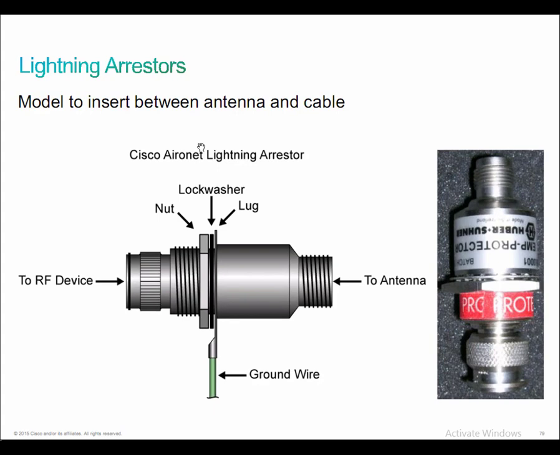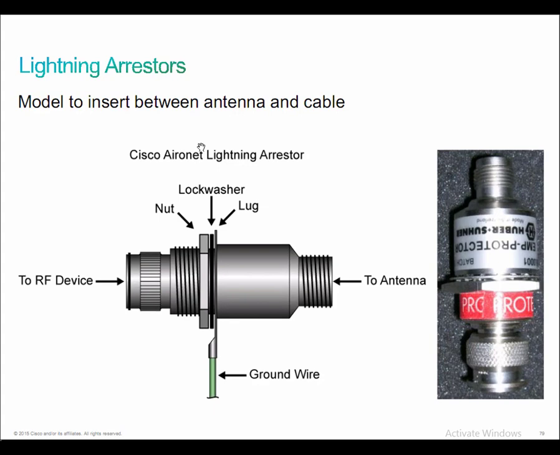And lightning struck the antenna and the equipment was destroyed. Lightning arrestors are not designed to protect against direct lightning strikes. If you want to protect your equipment against direct lightning strikes, you need to essentially, I wouldn't say air gap, but don't have twisted pair Ethernet going from your wireless bridge into your infrastructure. Put in some media converter with fiber optic cabling to create that non-conductive gap.